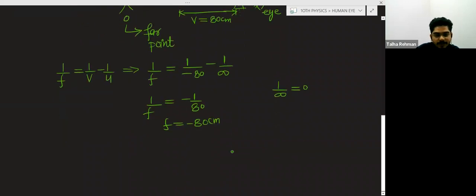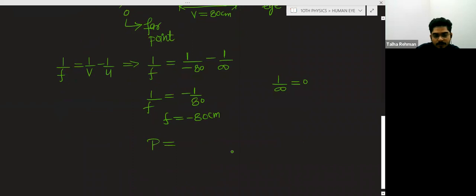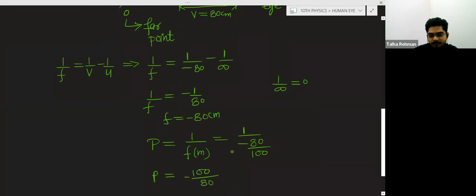Now from here you can calculate the power. For calculating the power, you will put the focal length in meter. So this is your 1 upon focal length, minus 80 divided by 100. So power is equal to 100 by 80, and this is negative.